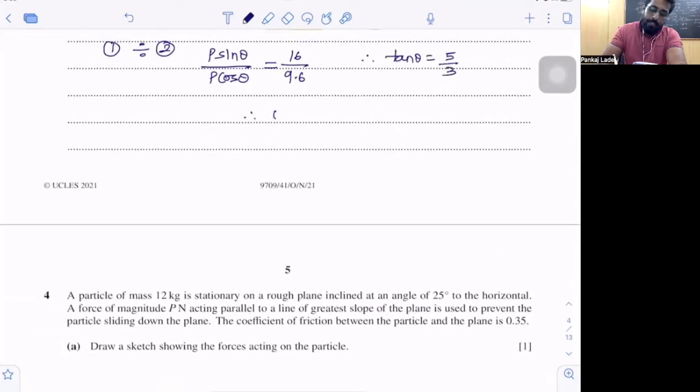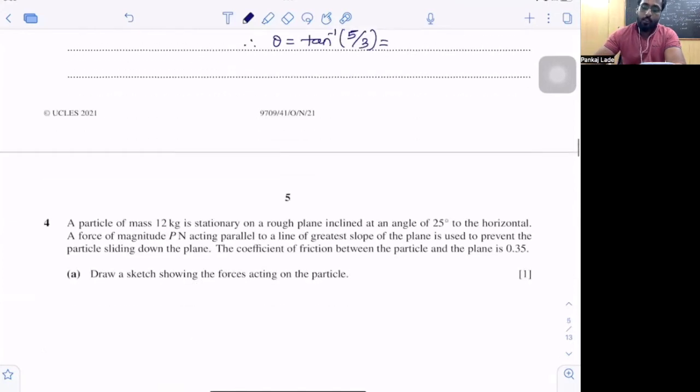So I can easily get the value of theta. That's tan inverse of 5 upon 3. So now you are getting an angle, and you are finding it in degrees, so you should keep your calculator in degree mode, students. Tan inverse of 5 divided by 3, that's 59.03624 and so on.